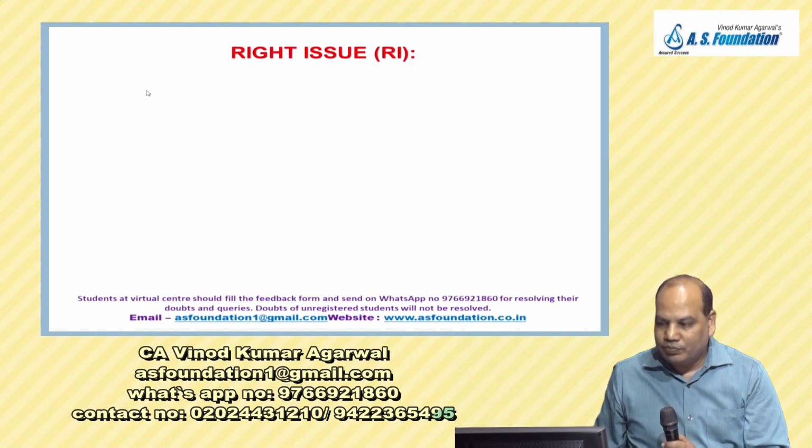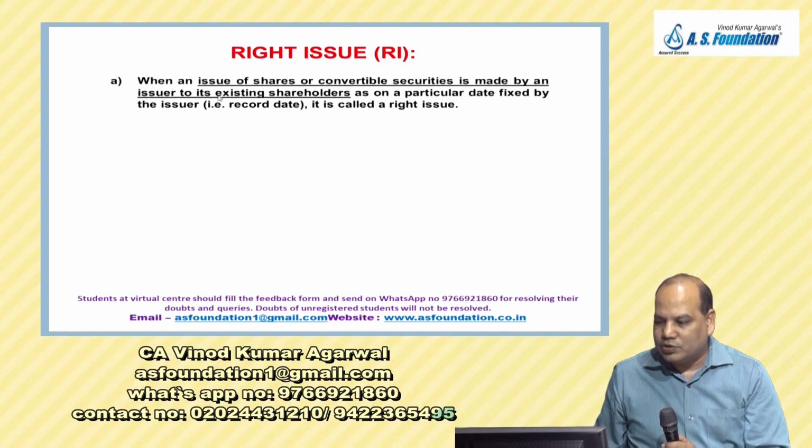Paragraph B, quickly, because you are well versed with rights issue. There was some chapter also in the intermediate syllabus. Rights issue means issue of shares or convertible securities to existing shareholders on a particular date fixed by the issuer, called the record date, and it is called rights issue.